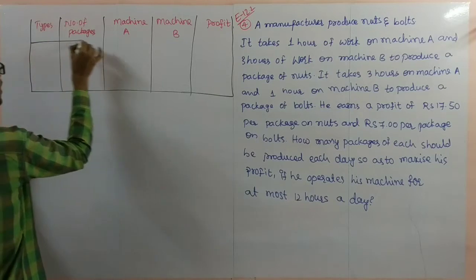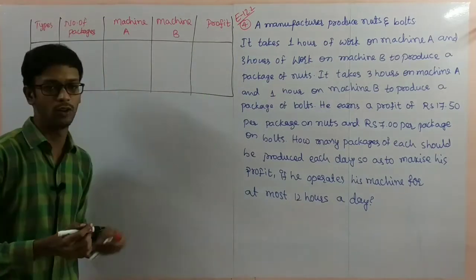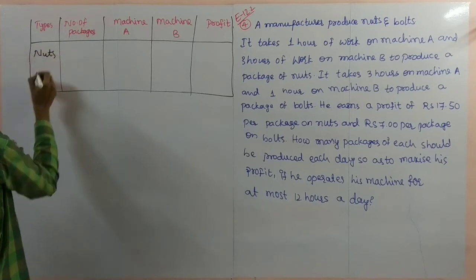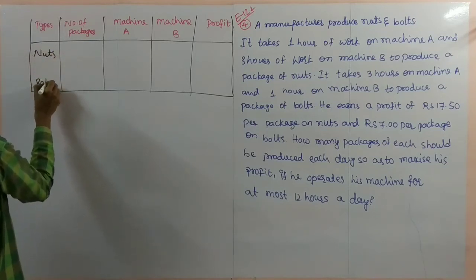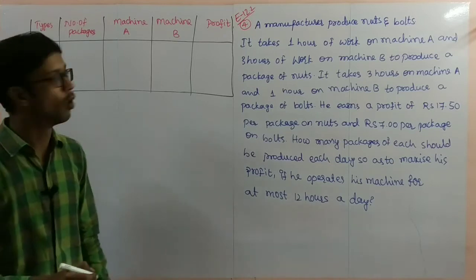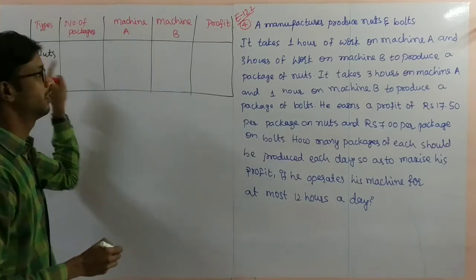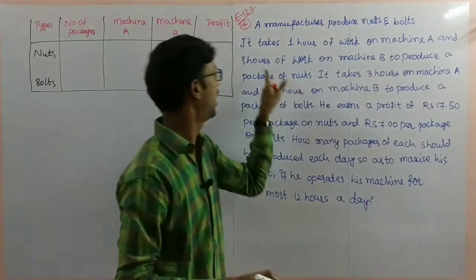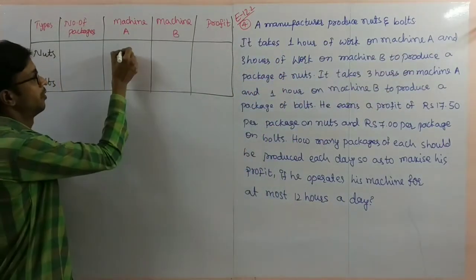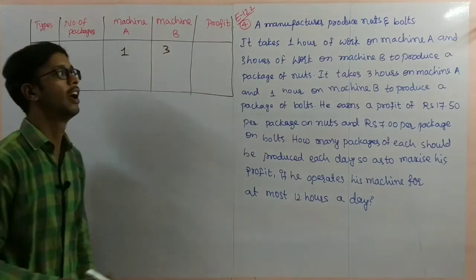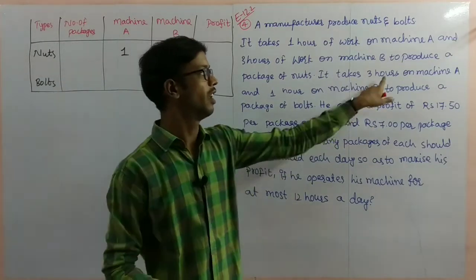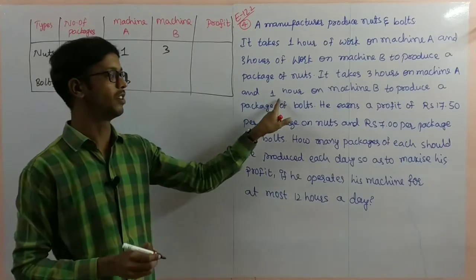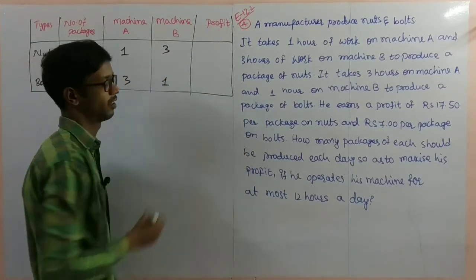Types: what types are they producing here? Nuts and bolts. First nuts, second bolts. For nuts, machine A: 1 hour of work on machine A and 3 hours of work on machine B. For bolts, 3 hours on machine A and 1 hour on machine B. Here it is reversed, both reversed.